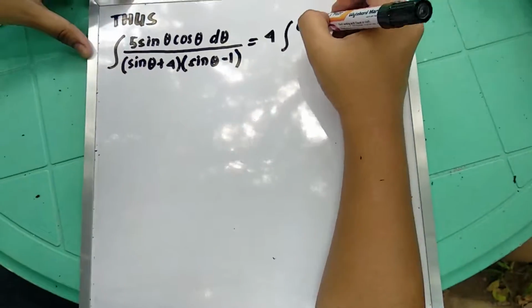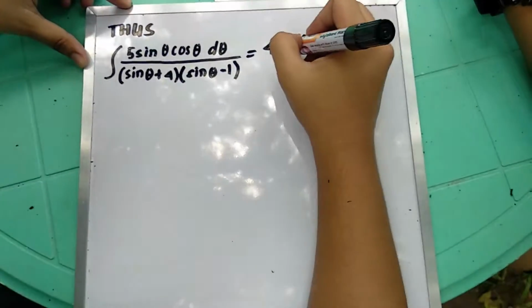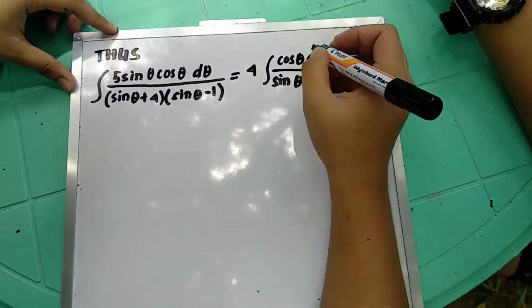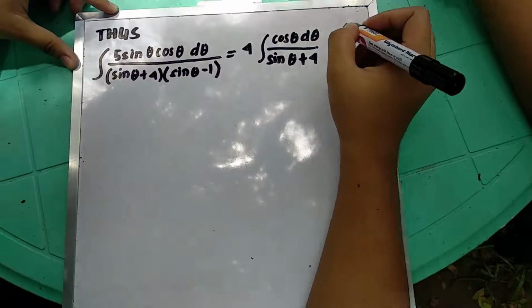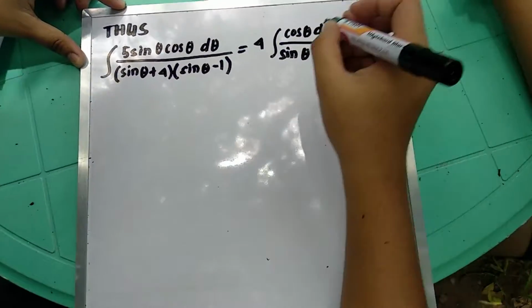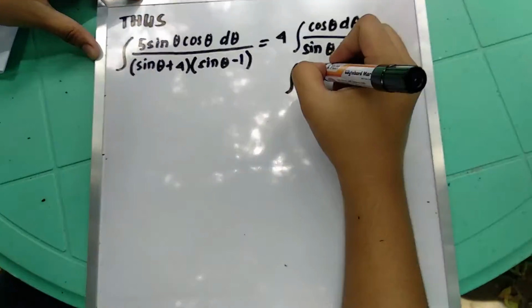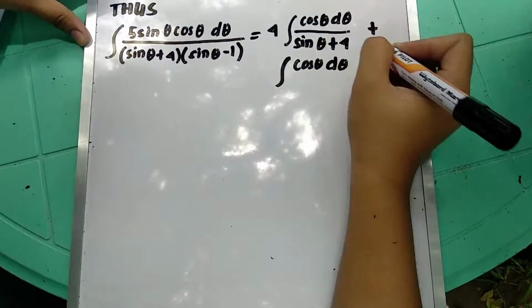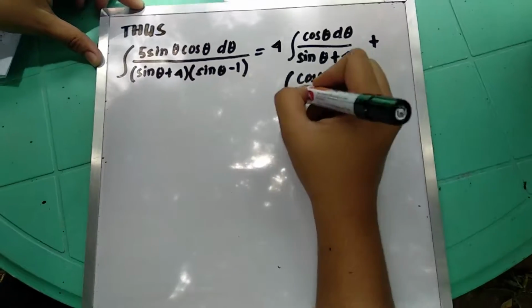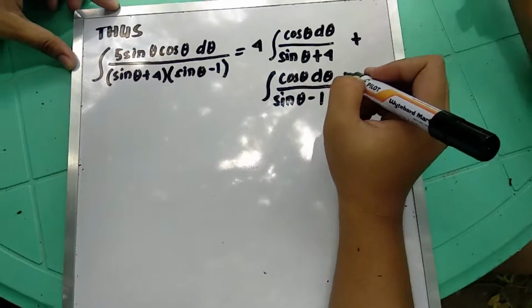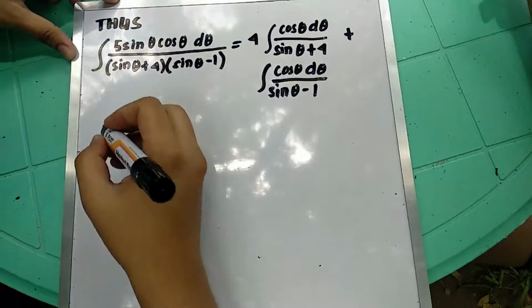Thus, the integral of 5 sine theta cos theta d theta over (sine theta plus 4)(sine theta minus 1) is equal to 4 times the integral of cosine theta d theta over sine theta plus 4, plus the integral of cosine theta d theta over sine theta minus 1.